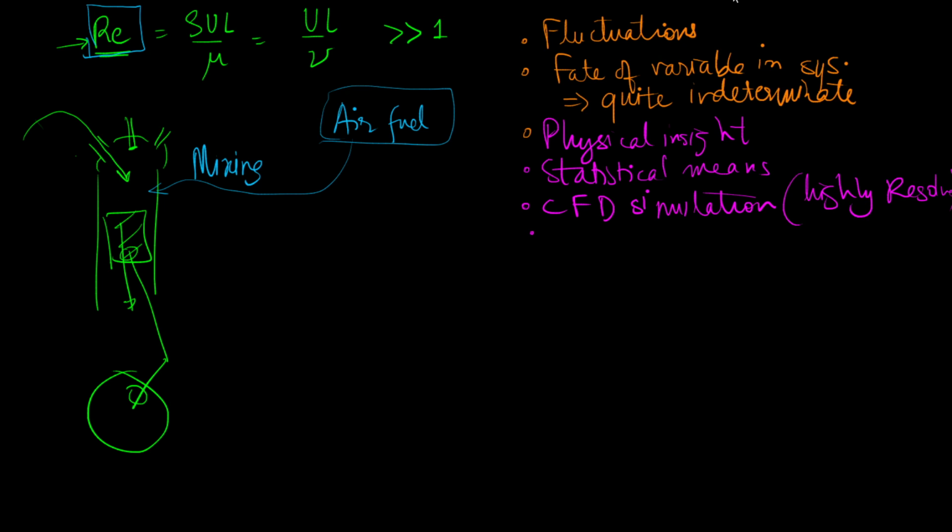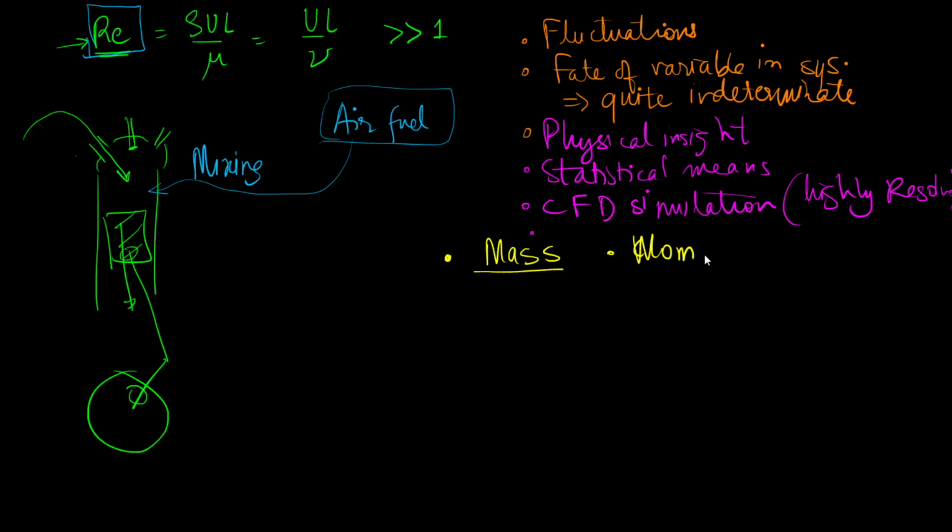But at the end of the day, these things are nevertheless still going to conserve. Whatever the equation which governs transport of turbulent flows, it is still going to conserve mass, it is still going to conserve momentum.